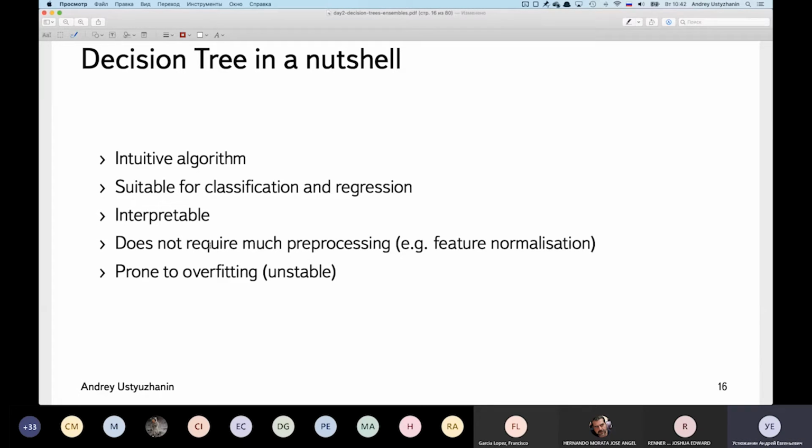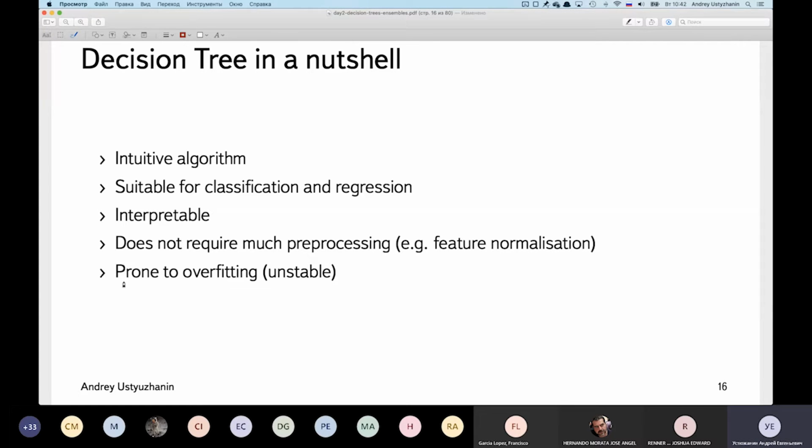Also, it is quite non-demanding in terms of pre-processing. So you can build on the data without introduction of some normalization, because it doesn't matter if you transform your feature from linear to logarithmic, or transform it to something similar to Gaussian or whatever.